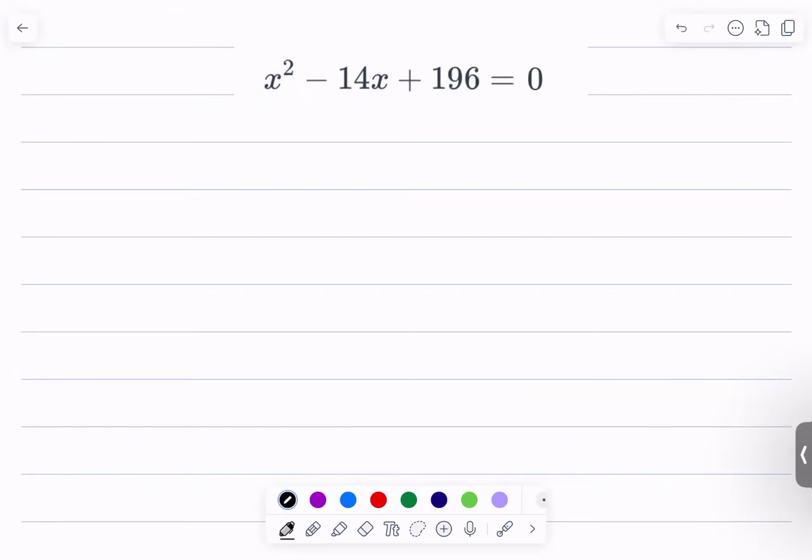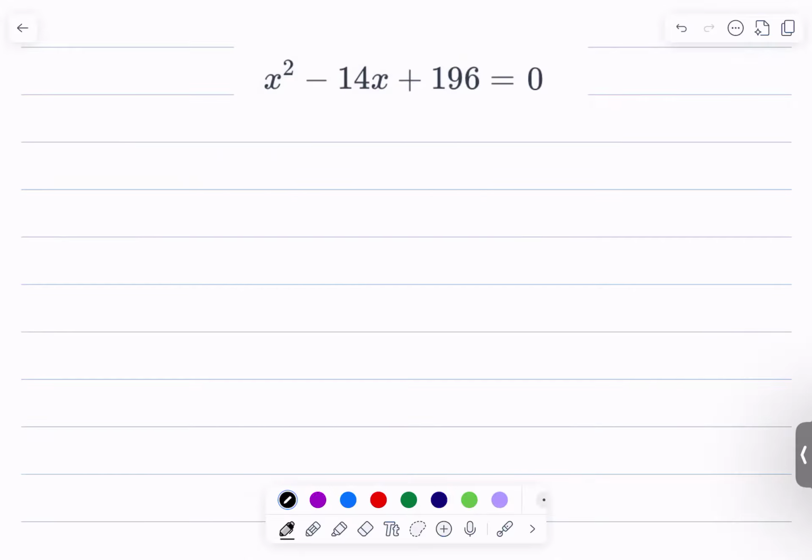Before I let you go off and do this, my C value here is really big. It's 196. If you plug it into the quadratic formula, b squared minus 4ac, it's going to be a huge number: 4 times 196 times your a value, which is 1.